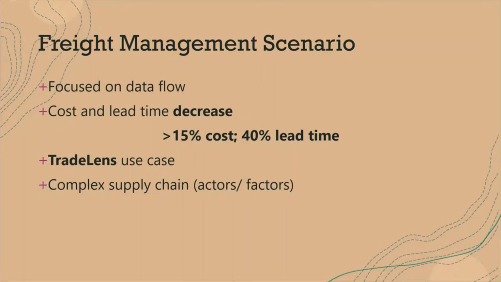In our scenario, we focused on how to decrease the cost and the lead time, because the use case showed that distributed ledger techniques can reduce cost by 15% and lead time by 40%, which had a huge impact in the supply chains of IBM and Maersk corporations. We tried to create a complex supply chain by showing realistic data, adding the actors, adding the real distances between the actors, like the manufacturer, processor and the retailer, and also adding factors to the game.